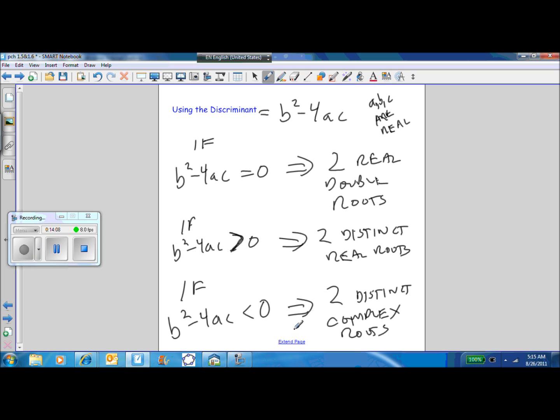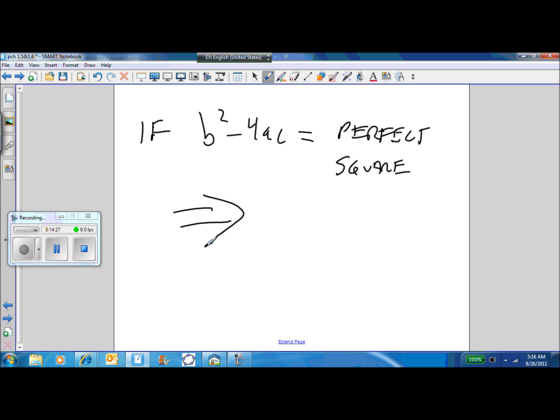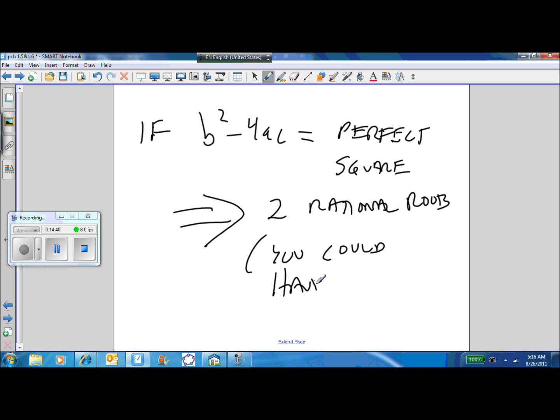Now, a couple of extra little bits on this: if the discriminant, b squared minus 4ac, equals a perfect square, then you're going to get two rational roots. You could have factored it.